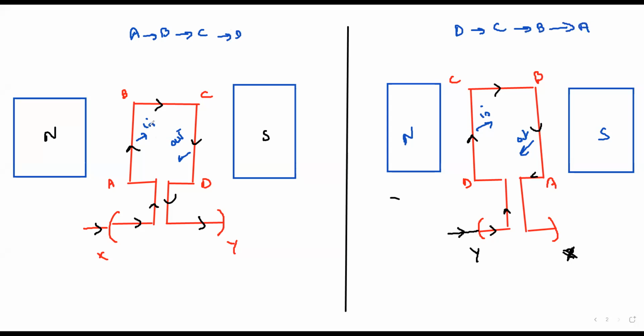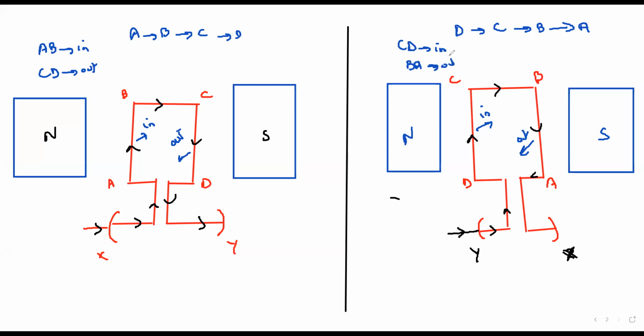And the direction of the force is also reversed, because first the side AB was experiencing the force in, and side CD is experiencing the force out. And here the side CD is experiencing the force in, and BA is experiencing the force out.